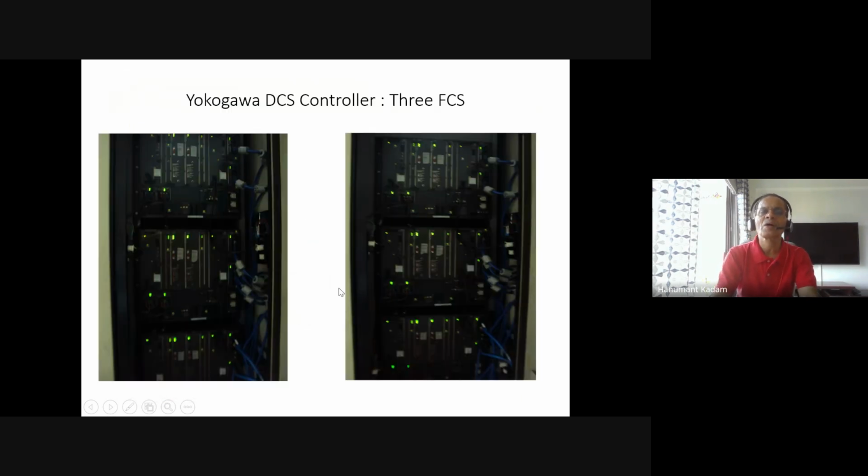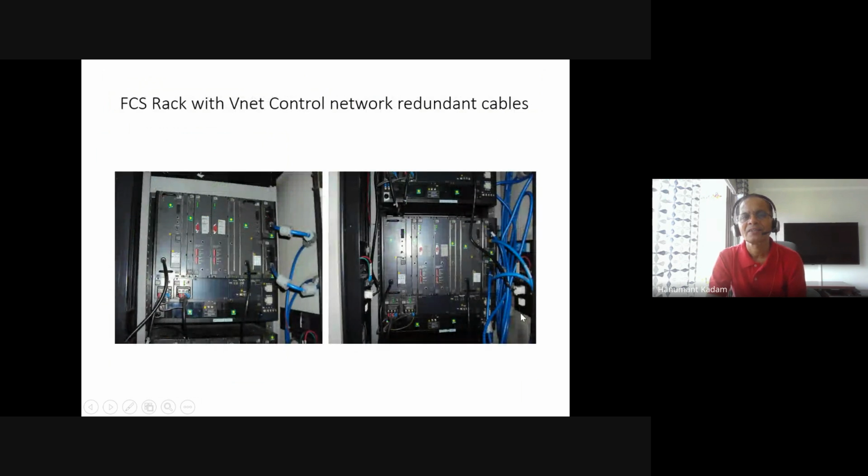So Yokogawa DCS controller, there are three FCS. This is the old system, and the system you saw earlier was the latest. That is the Centum VP, and this is the Centum CS controller. So that was the change here. This is the FCS rack power supply of the earlier systems. As I told you, when the system is migrated to the newer version, you get a benefit in size, speed, use, everything.